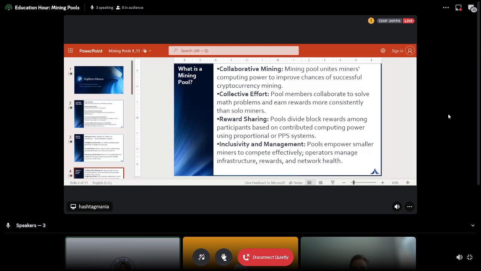It also comes down to your pool operators that manage and monitor that infrastructure and distribute the rewards. It's kind of the overseer of the whole pool. You don't have to take that individual responsibility anymore. We'll go into a little bit later how to join a pool and what to think about in that. But I'll give that over to James, who can do a much deeper dive into what a mining pool is and anything I've left out.